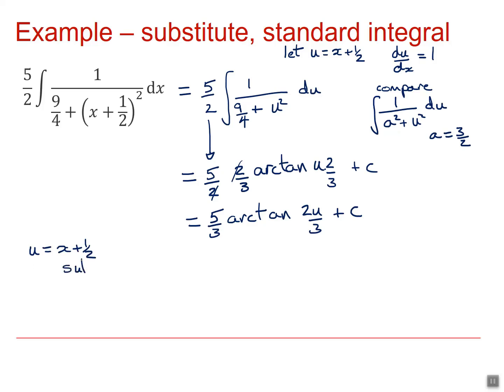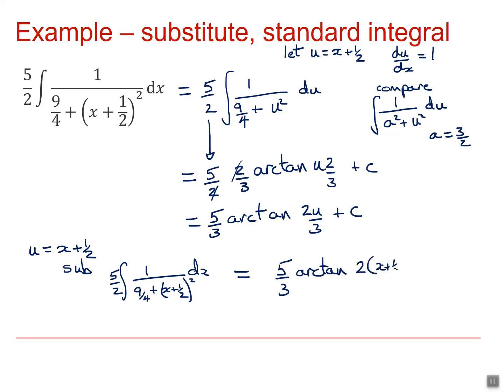And so I can substitute that back in to give me that my integral, so this is the original integral here, 9 over 4 plus x plus a half squared dx, is equal to 5 over 3 arctan twice x plus a half over 3 plus c.